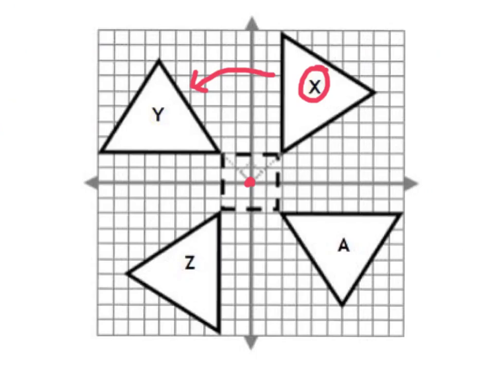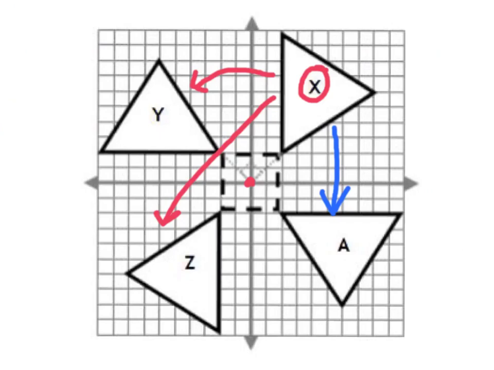If we were to move this image 90 degrees, it would be moving one quadrant to the left. If image X was moving 180 degrees, it would be across from it. And if it were moving 270 degrees, it would be moving the opposite way of 90 degrees.